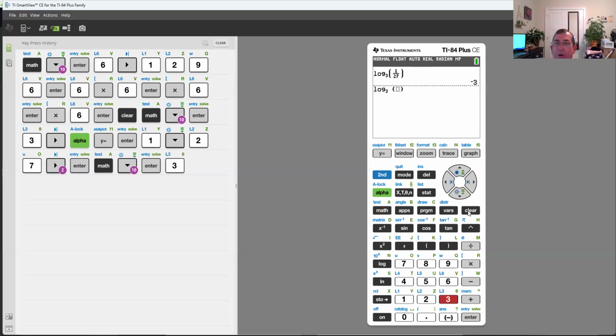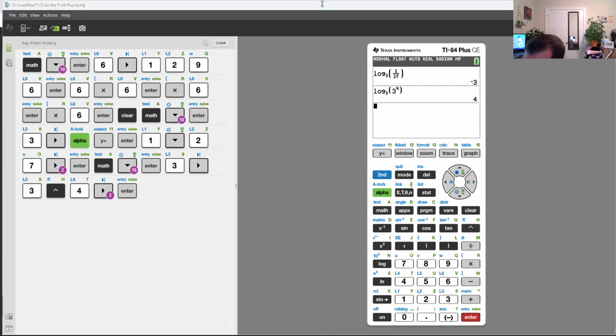My base was a 3. My result was a 3 exponent 4. It looks exactly like that. But think about it: what exponent would I raise 3 to so that it looks like 3 to the fourth? When I hit enter, it's the exponent 4, right?